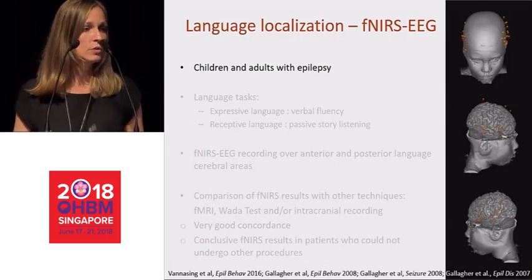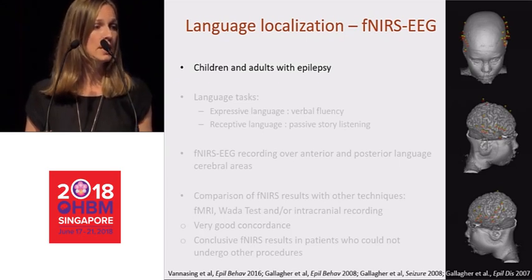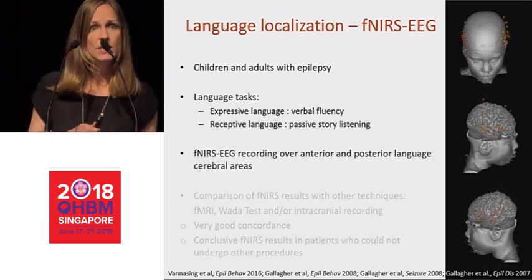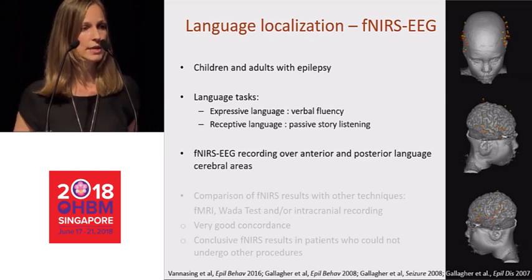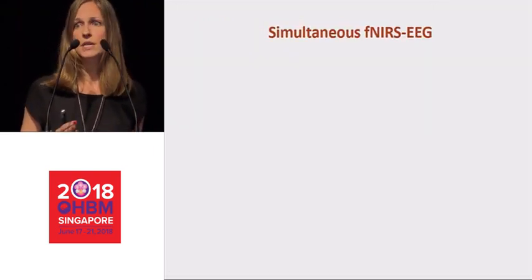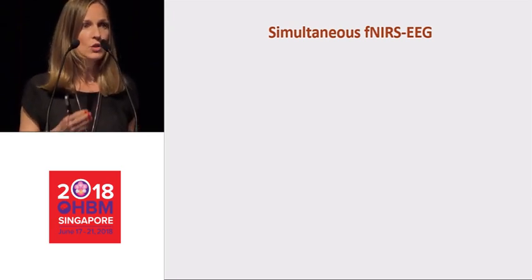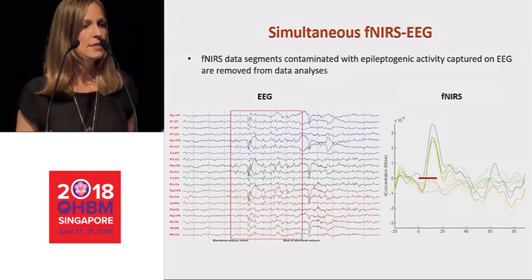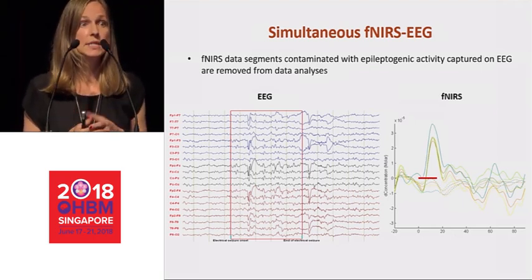We also use fNIRS-EEG to localize language function. In a series of studies, we recorded children and adults with epilepsy who all did an expressive language task and a receptive language task during an fNIRS-EEG recording. It is crucial to do EEG during fNIRS for language localization, because although fNIRS will allow us to localize the language function areas, the EEG will allow us to have really clean fNIRS data.